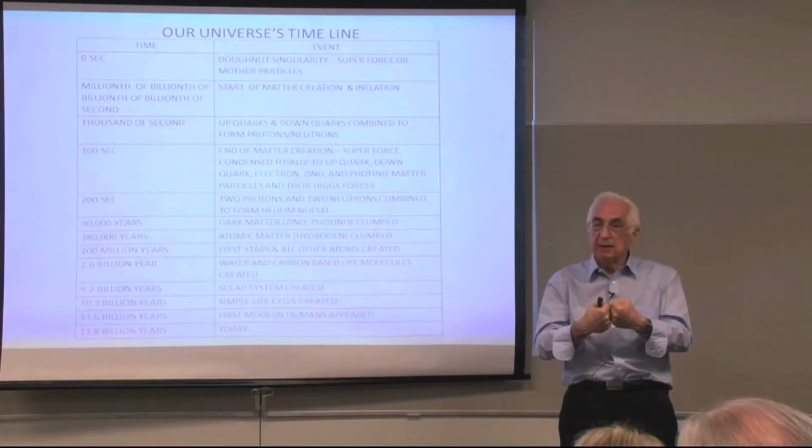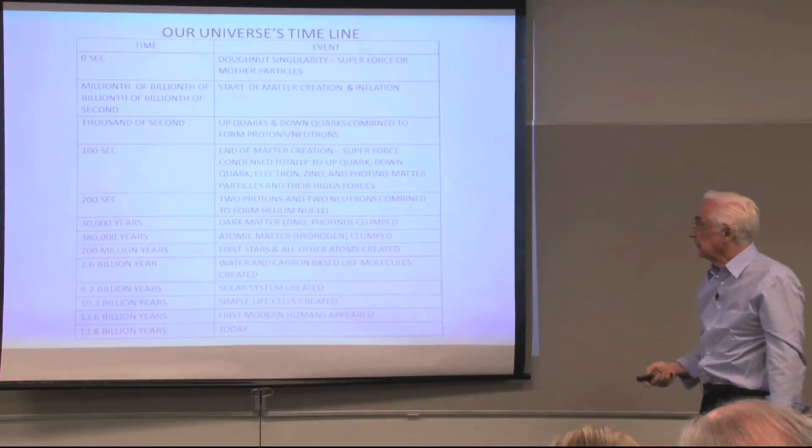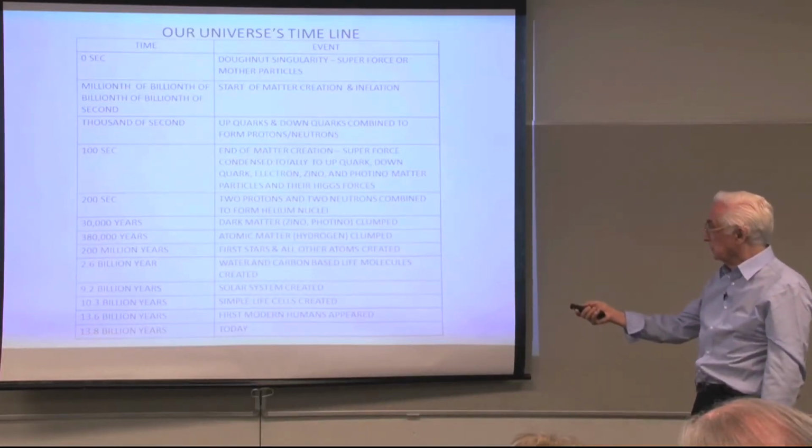That was sufficient to fuse those 2 hydrogen molecules together and ignite them, and that was the creation of the first stars. There were over 100 billion of these stars created, and that was the beginning of the 100 billion galaxies in our universe.